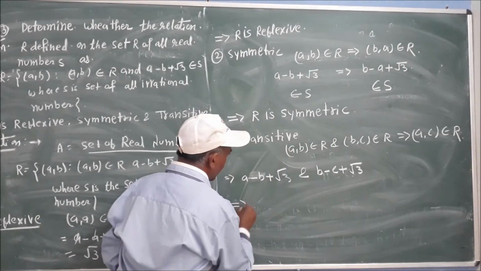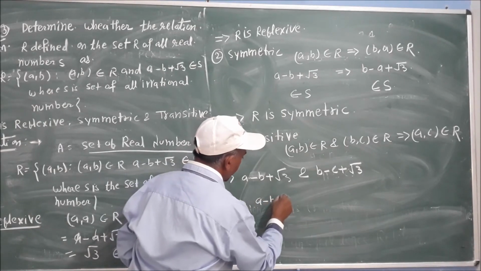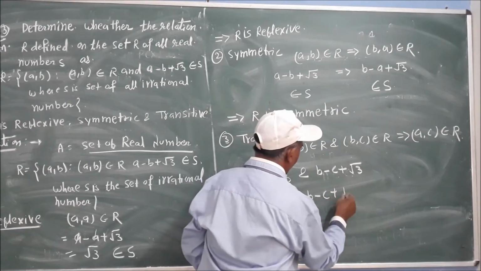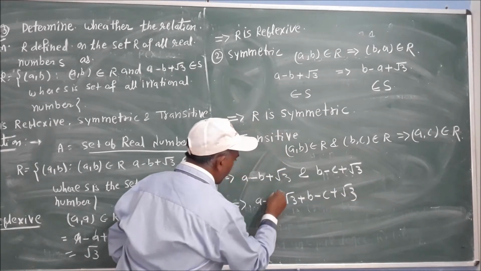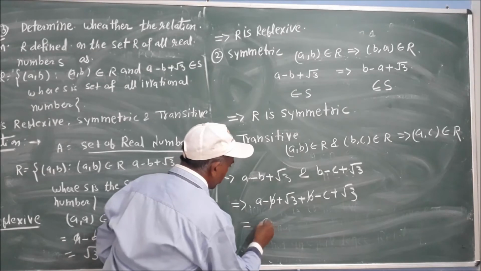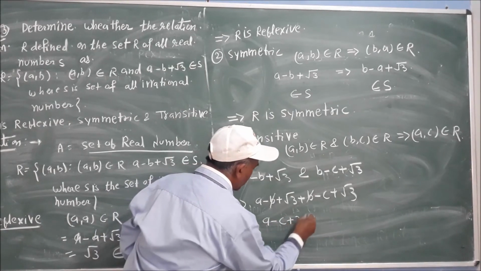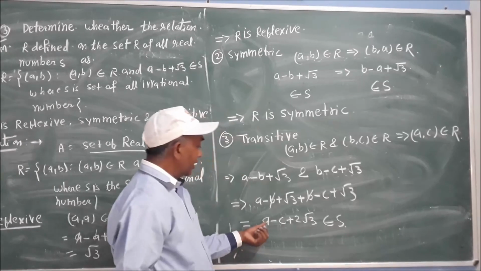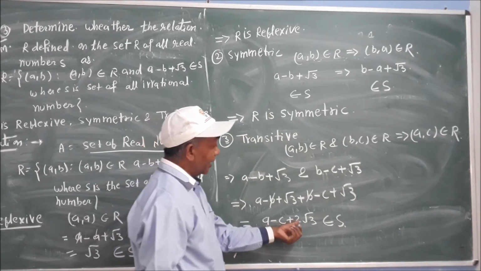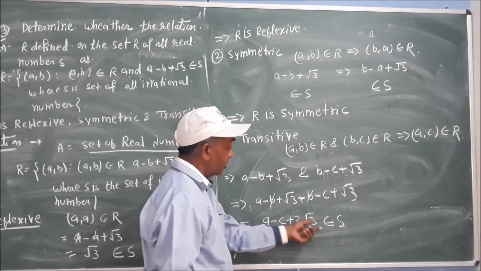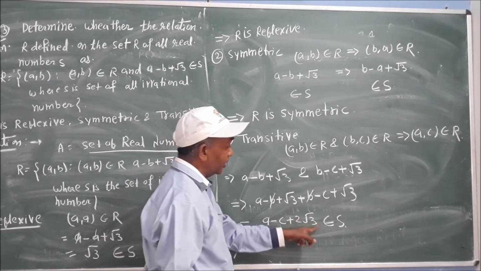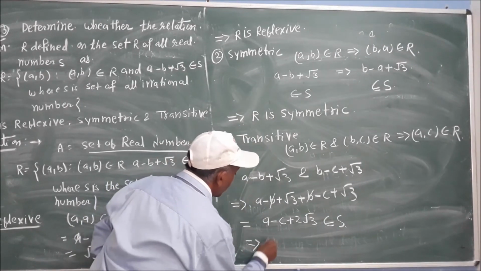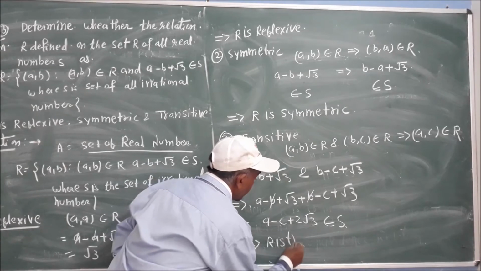So this can be written as a minus b plus root 3 plus b minus c plus root 3. So b and b will be cancelled. So this is a minus c plus 2 root 3, which belongs to S, because a and c are real numbers, and 2 root 3 is an irrational number. So a minus c plus 2 root 3 is an irrational number. So this implies R is transitive.